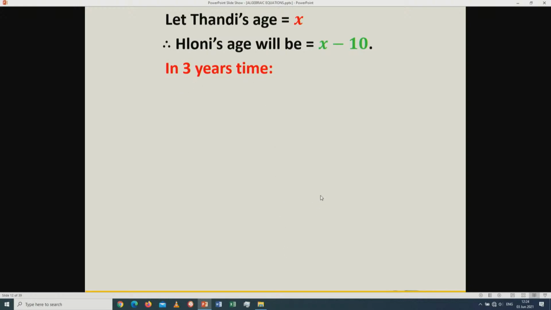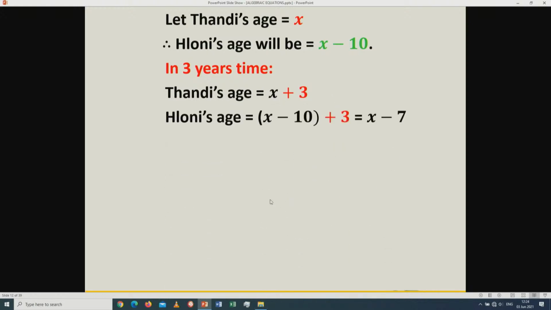We were told that in 3 years' time, Thandi's age will be twice Hloni's age. In 3 years' time, Thandi will be x plus 3. Hloni will be x minus 10 plus 3 in 3 years' time, which simplifies to x minus 7.